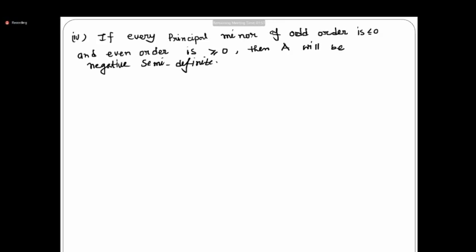But obviously for a small order matrix, we can use that technique to check whether the matrix is positive definite or not.